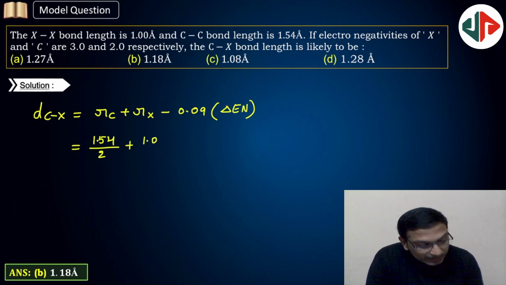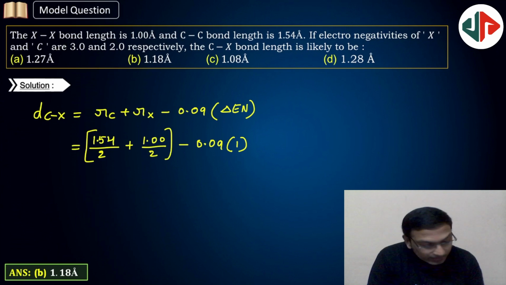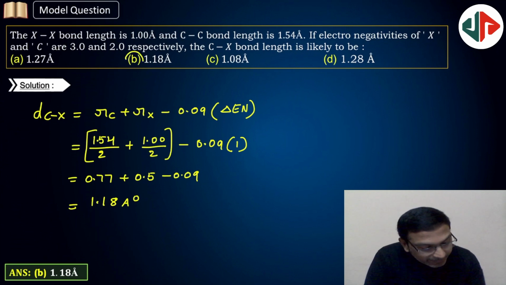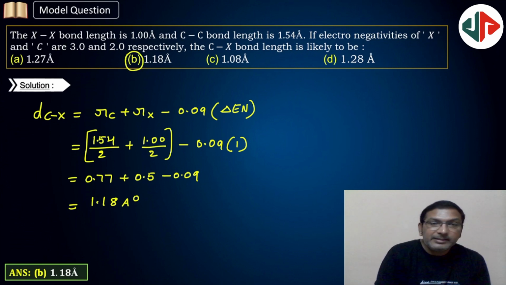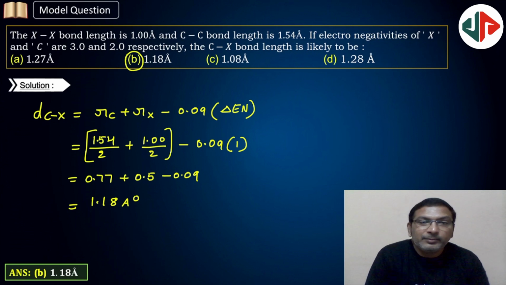Next here 1.00 by 2, minus 0.09 into the difference of electronegativity, 1. So therefore 0.77 plus 0.5 minus 0.09, which is equal to 1.18 angstrom units. Therefore option B. If there is an electronegativity difference, this will be the formula to calculate bond length.